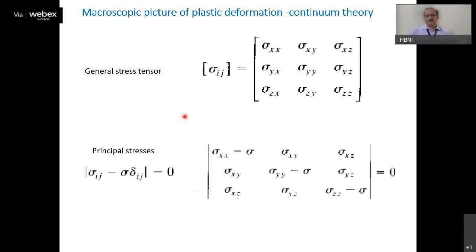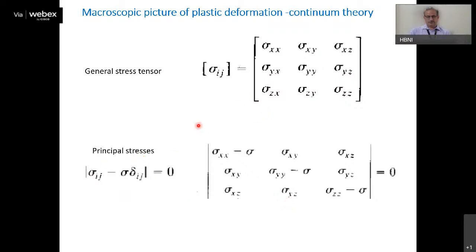In the same way, in the case of the stress tensor also, if you have a general stress state like this, which has all shear components as well as normal stress components, you can basically rotate or find some coordinate system in which you don't have these off-diagonal elements. So this is similar to the eigenvalue problem in quantum mechanics, and we can get the principal stress components.